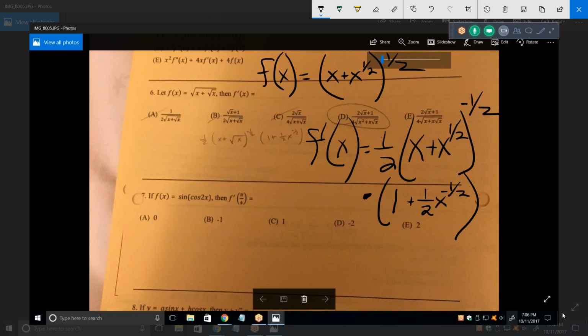Now, the tough part about this is they got all their answers with radical signs. So let's see if we can figure this out. First of all, I'm going to take this and make it in the denominator.